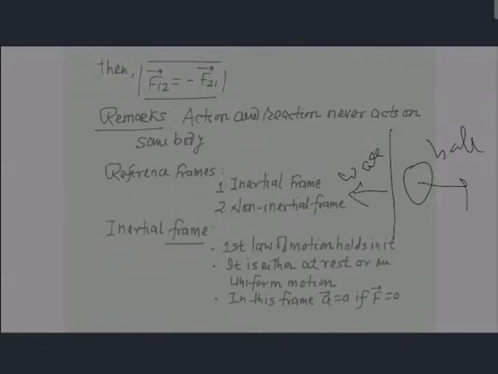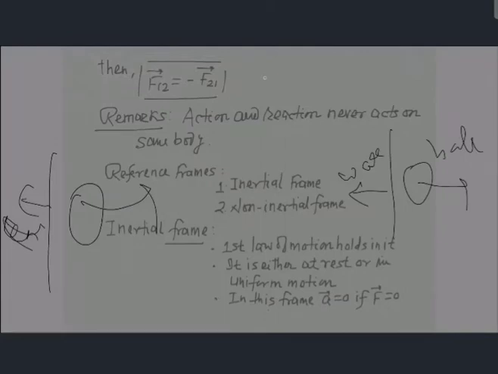So action and reaction pairs are clearly acting on the different bodies, because ball applied action on wall and wall applied reaction on ball, right? So these two are acting on the different bodies, right? This never happens that the ball hits the wall and action is applied on the wall and reaction was also applied on the wall. This never happens. Okay, because if action is applied on the wall, then reaction will be obviously on the ball.